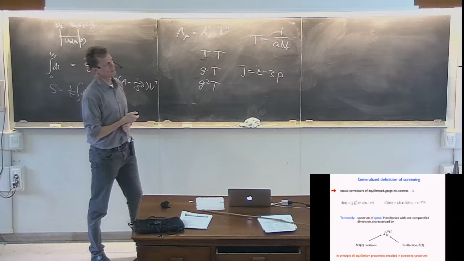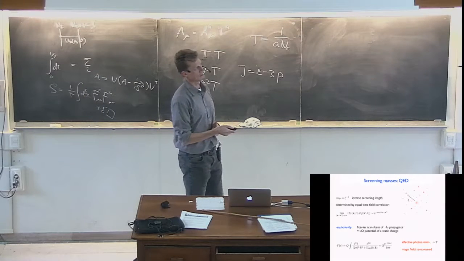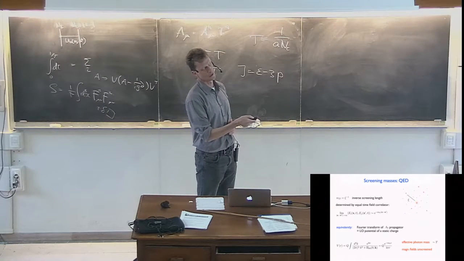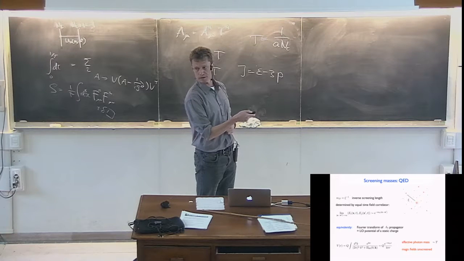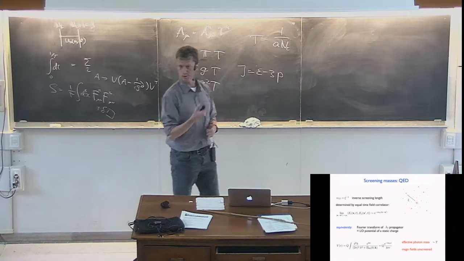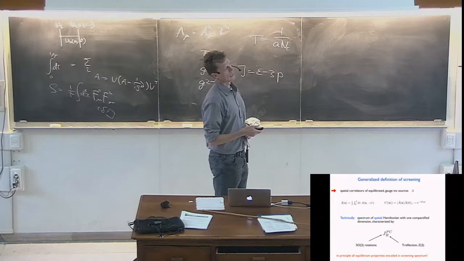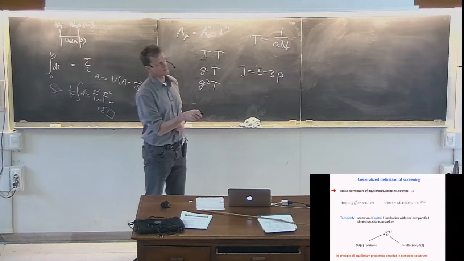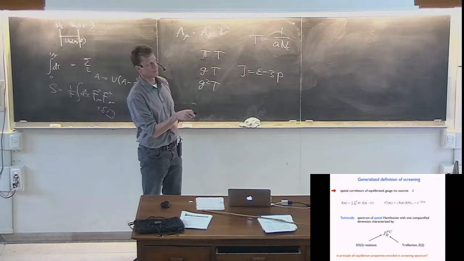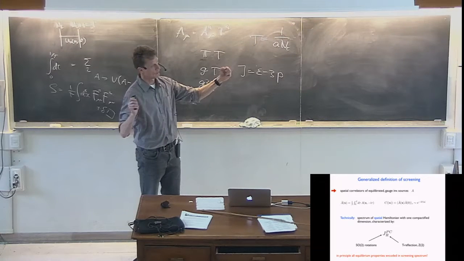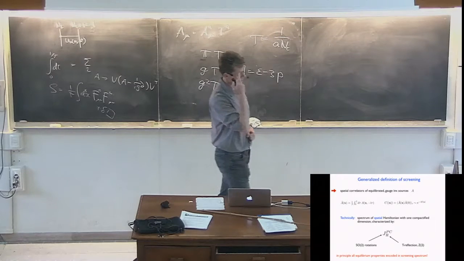So the general definition is simply like in QED, you take something physical, insert it in the plasma, and then you measure its exponential decay in a spatial direction. That's a screening mass or an inverse screening length.